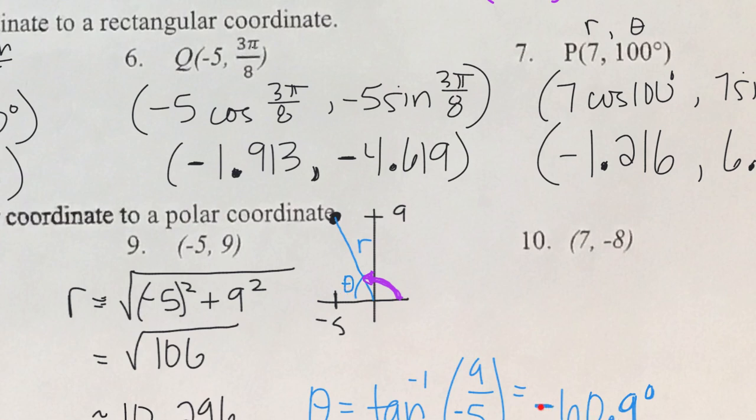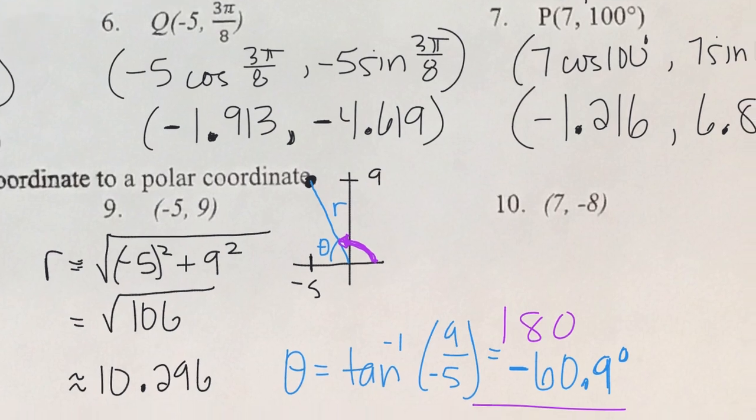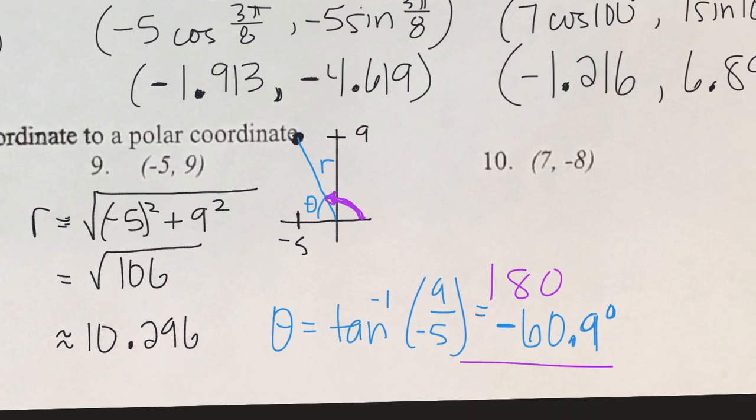Okay, that might not make any sense because this is definitely not a negative angle. But in the second quadrant, tangent is negative. Okay, automatically, that's what the tangent is. So we need to interpret this and subtract it from 180 because we want the angle from the positive x-axis anyway.